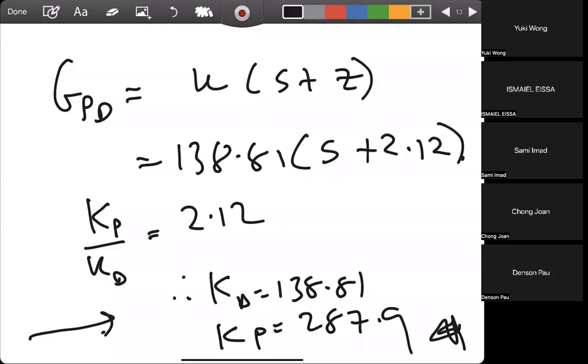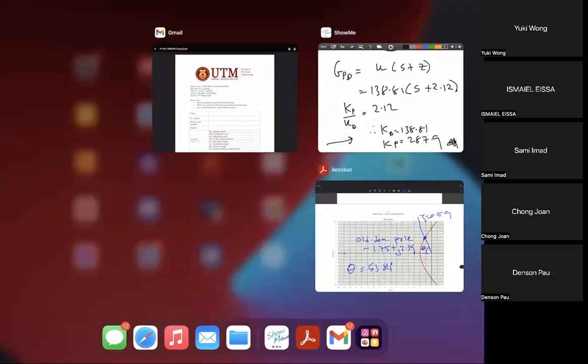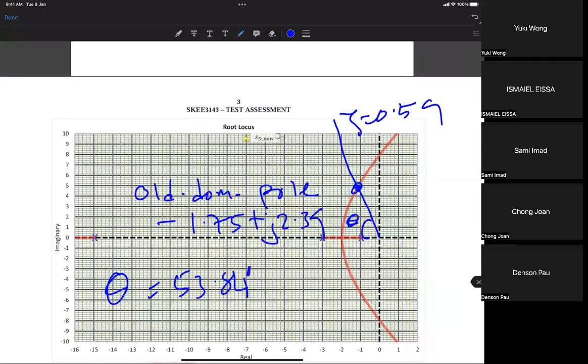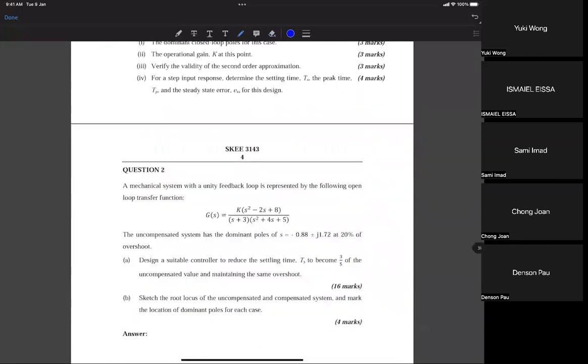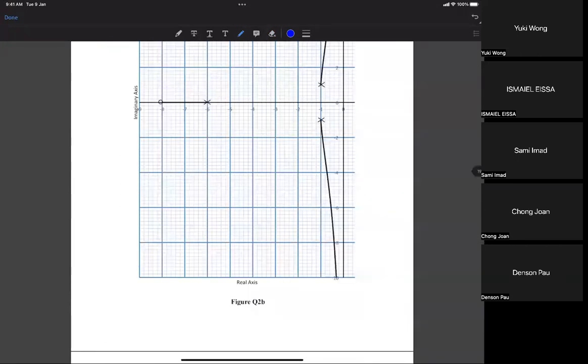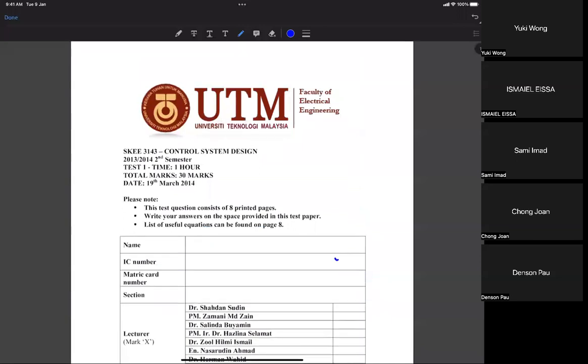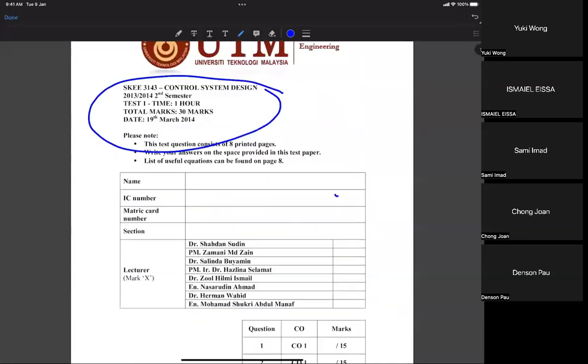Any questions? If no questions, we move to the past year questions, which is here, 2013 and 14.